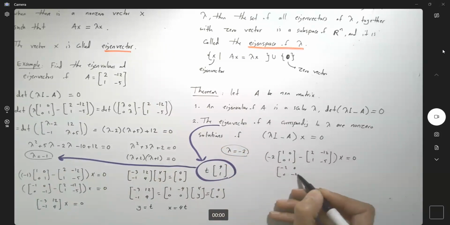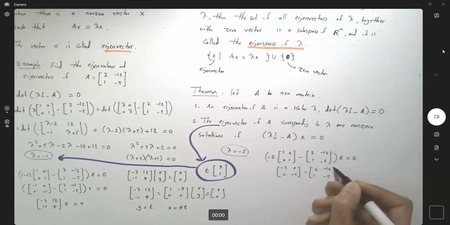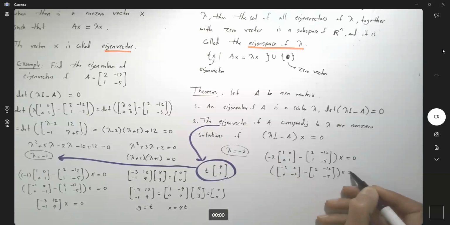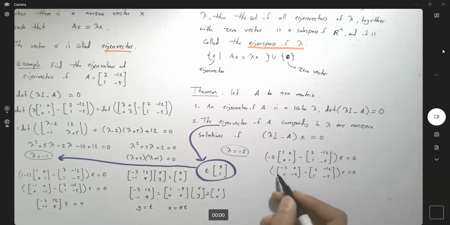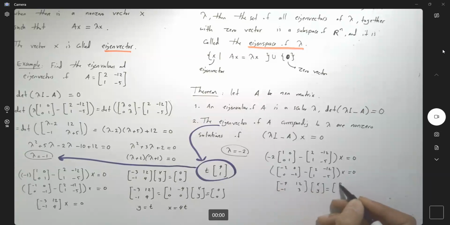So -2, 0, 0, and -2 minus 2, -12, 1, and -5, times x equal to 0. So basically you have -2 minus 2, which is -4, and then you have 12, and then here you have -1, and -2 plus 5, which is 3, times x and y equals to 0 and 0.